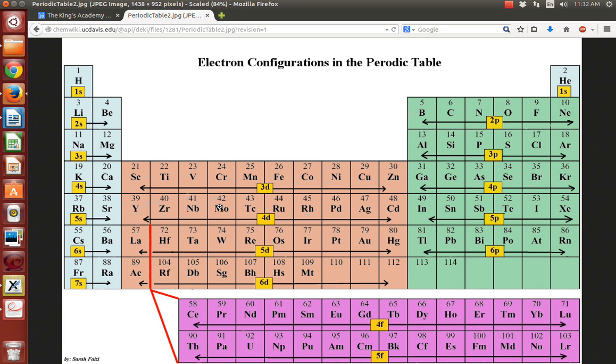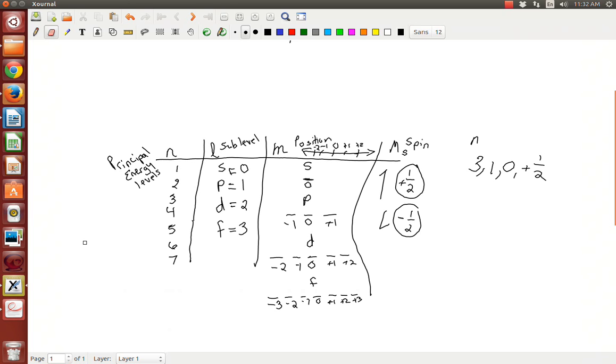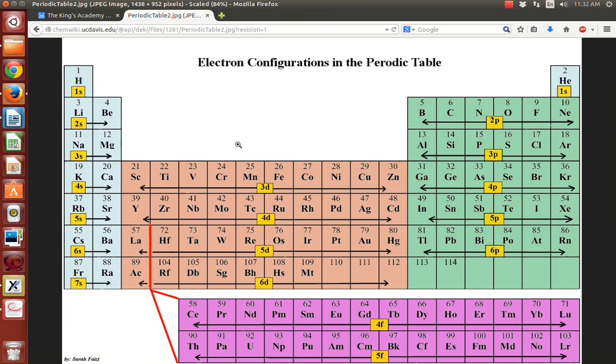Okay, that would be the long one, but I'm going to write the abbreviated, so I go up a level all the way to the edge, krypton. So let's go back over here, and let's write for molybdenum, right at the top here, put it back in pen mode. Molybdenum. We're going to do the abbreviated form, so we're going to have krypton. Okay, and go back and look at it one more time.